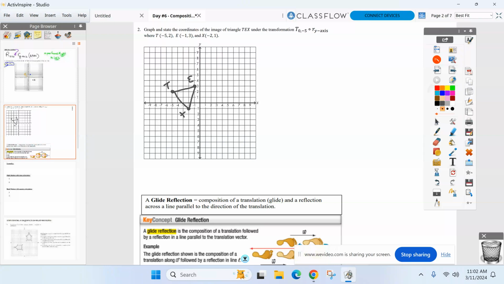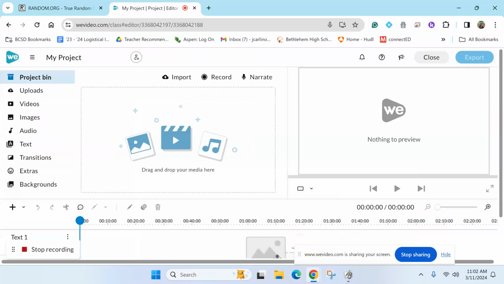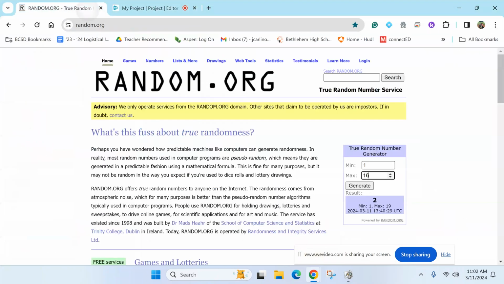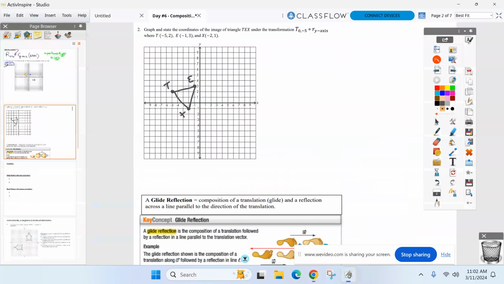All right, so here we go. First question, according to the composition that's written up here, what are you going to do to the triangle first? According to that composition, what's going to be performed first up here? Here we go. Doyle, what's performed first? Let's do it. Let's reflect it over the y-axis. Again, I'm not going to call this E prime, T prime, X prime. I'm just going to plot my points.